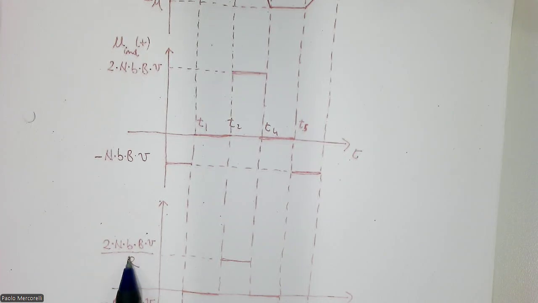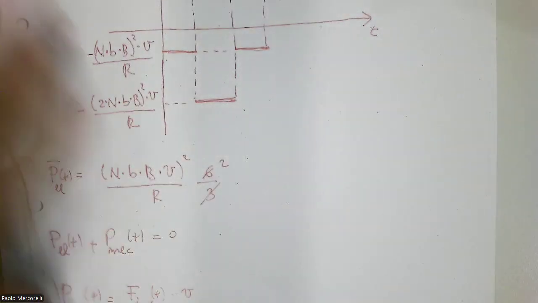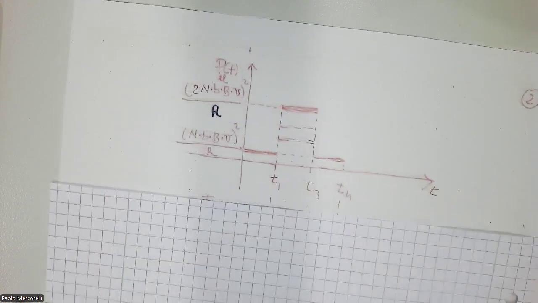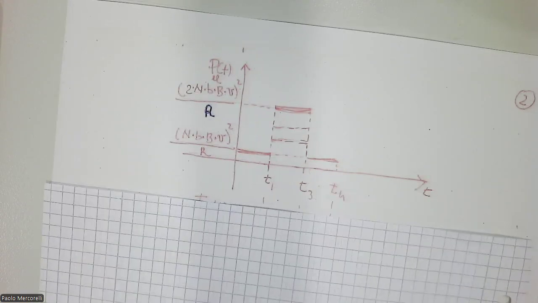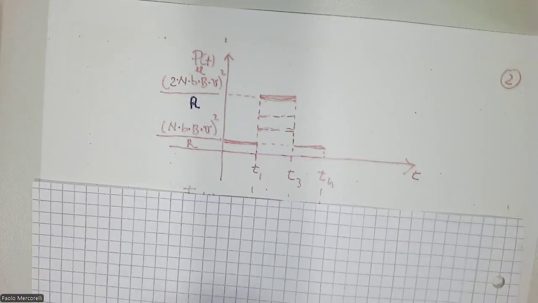The same graph, but of course, please divide it by R. Exactly this divided by R, no problems. Because we model this coil, we model the coil, excuse me, just with the resistance.